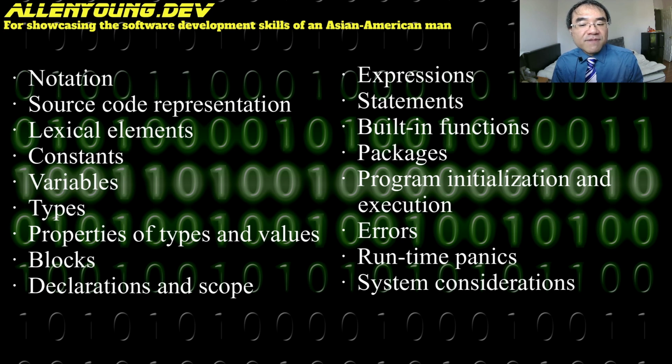Properties of types and values, which include underlying types, core types, type identity, assignability, representability, and method set.